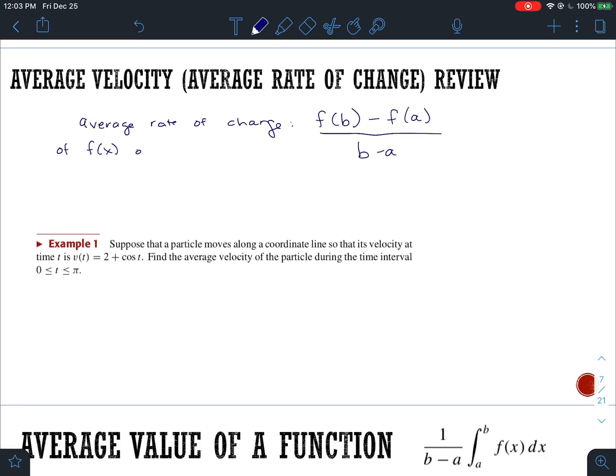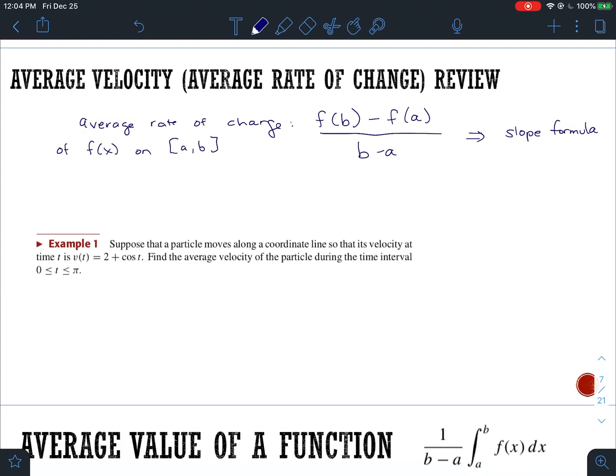So if you want to find the average rate of change of f of x on some interval a to b, then it's like the slope formula, the change in y over the change in x's. So it's f at b minus f at a over b minus a. So this is very similar to the slope formula, except it's in function notation.